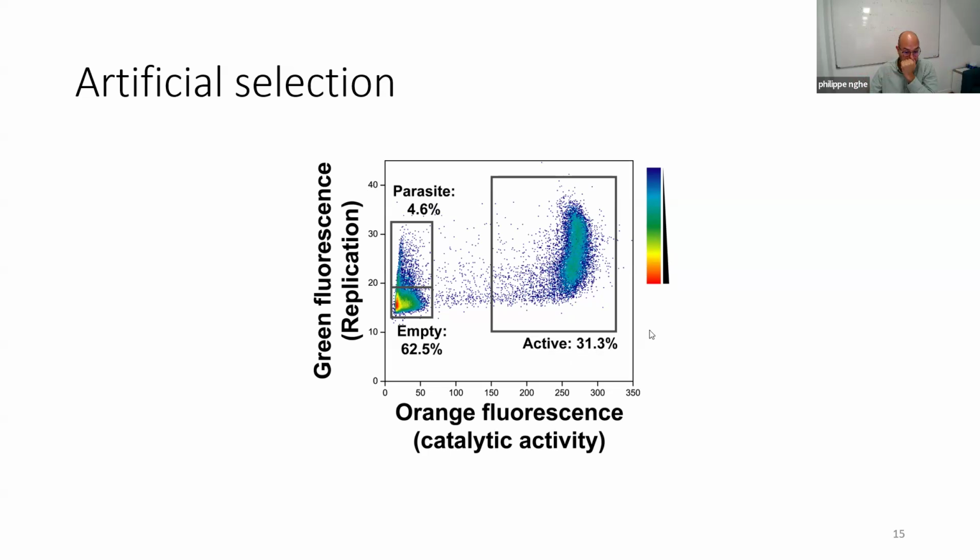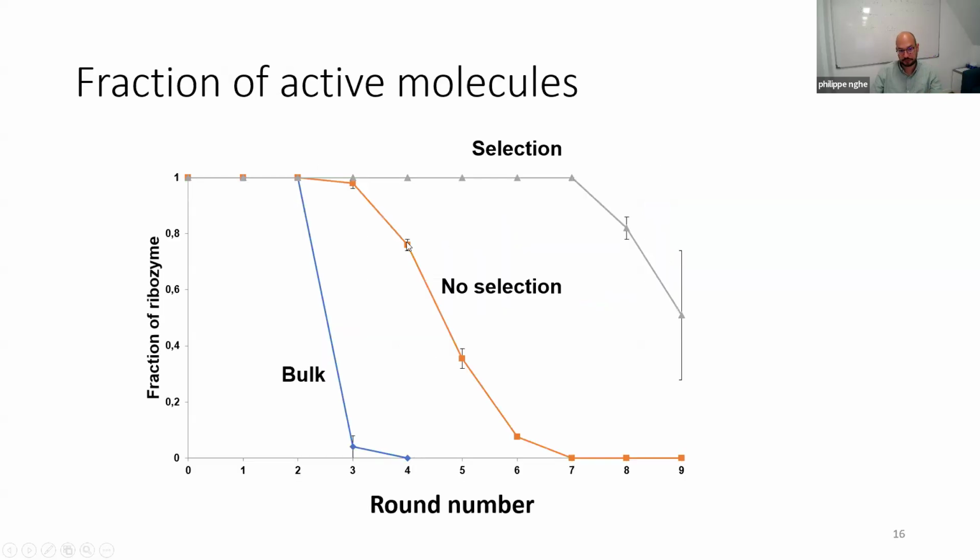So the initial molecule is both very active and well replicated, and you expect to see it more in the top right corner. You have empty droplets because we put very few RNA per droplet, maybe sometimes less than one. So this is in the bottom left corner. And you have some droplets where the material is well replicated, but there is no activity. And this is what we call the replication parasite. They lost either segments or had mutation in the catalytic part.